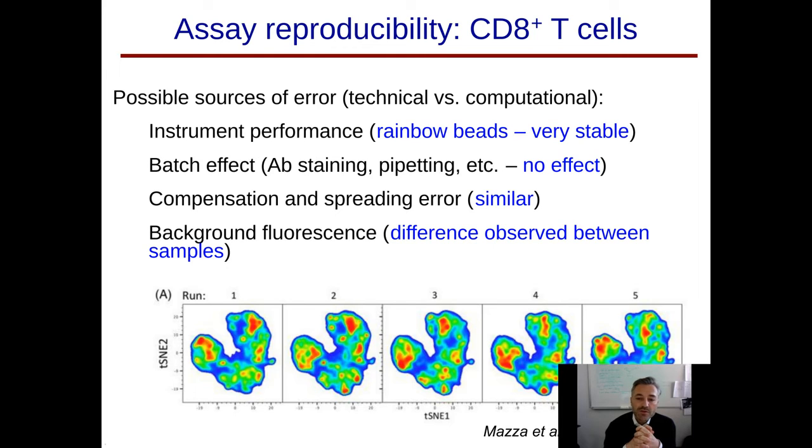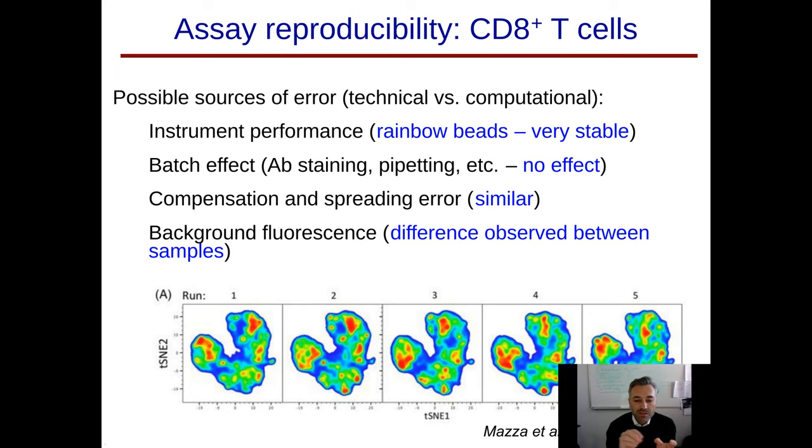Okay, so we observed differences between samples, and we realized that if we exponentially transform or logically transform the samples before feeding them into computational analysis, then we obtained, as you can see in this t-SNE here, very good reproducibility from one experiment to the other. So you can see that the plots look very much similar from one to the other.